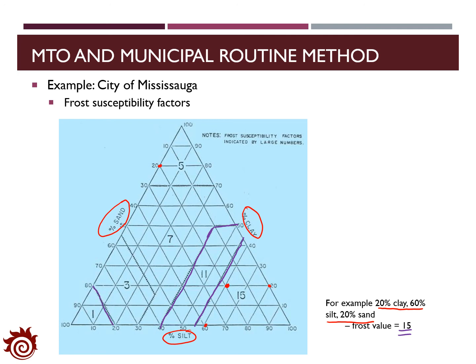The corner here is for the value of 1, and the region below this line is 3. The region above is 5, and inside is 7. We also have a region for 11 and region for 15.